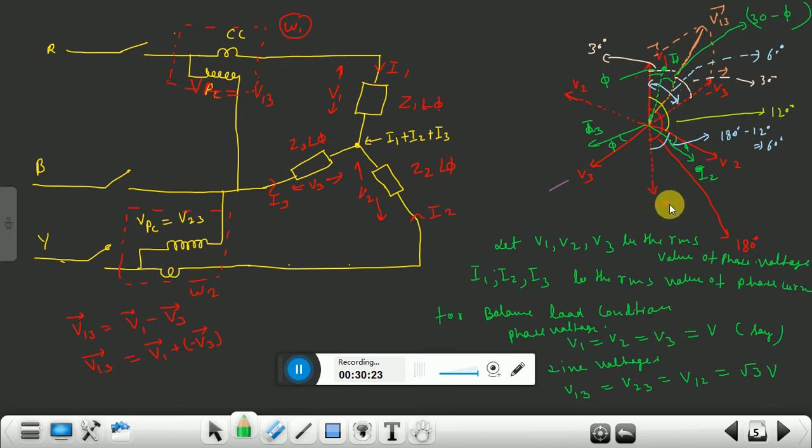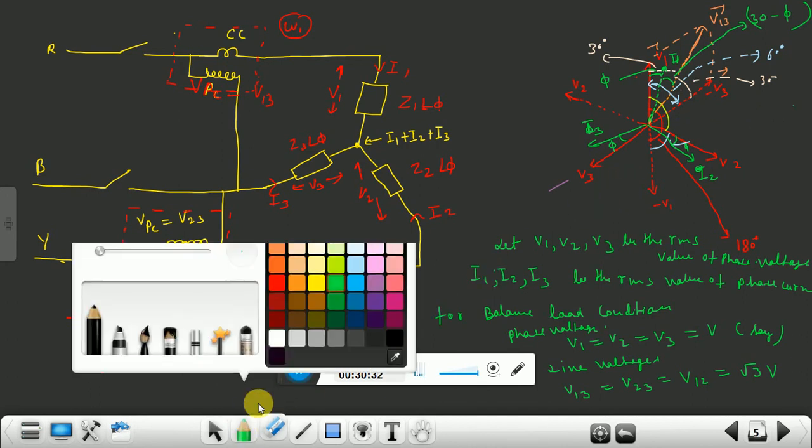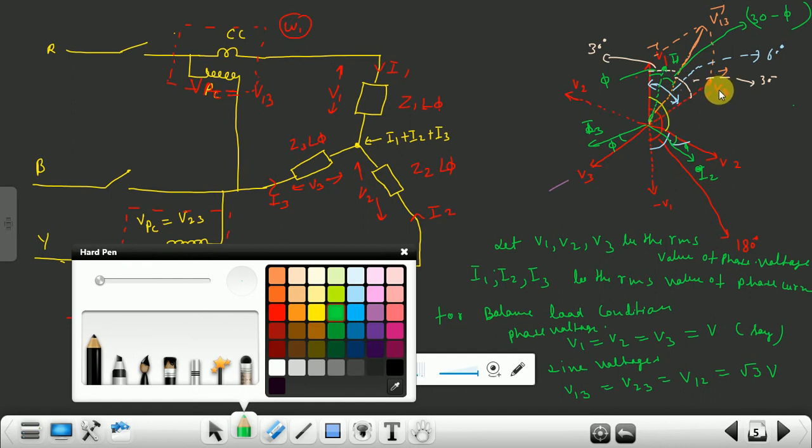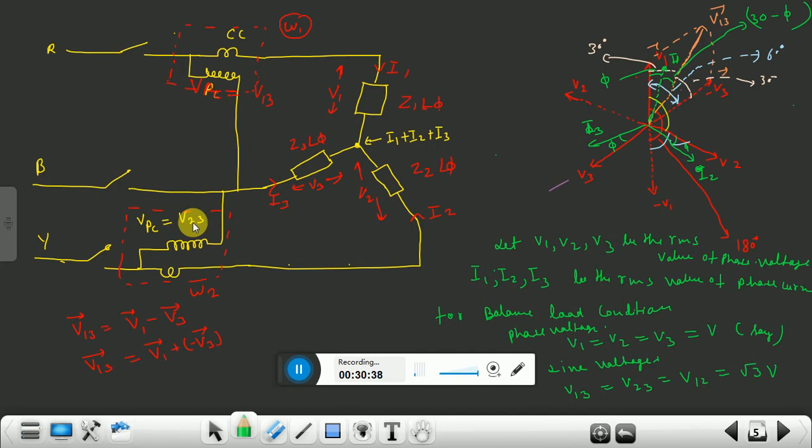Voltage between 3 and 2, so in this case this is minus V3 and V2. So suppose we calculate V23, this is your V23.